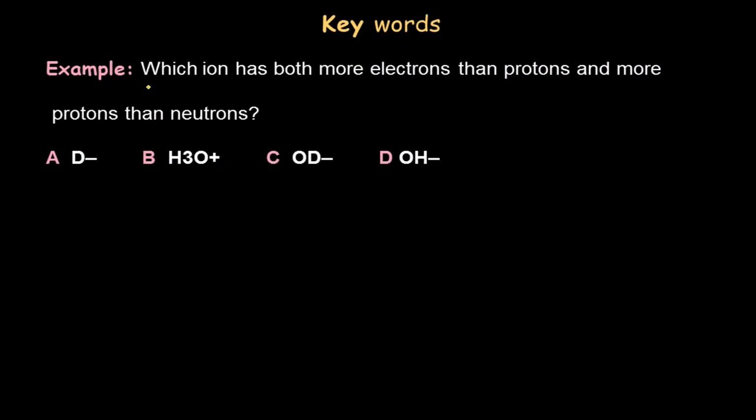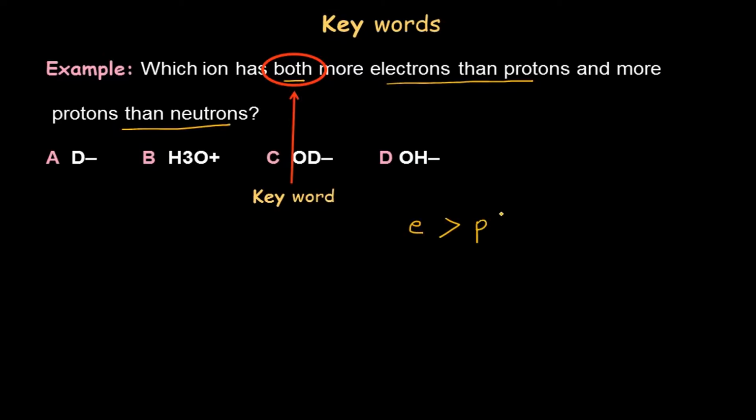Now let's have a look at another example, which says which ion has both more electrons than protons and more protons than neutrons. Here the most important keyword is both, where we need to consider two different things, that is electrons more than protons and protons more than neutrons. So we can work out on the side that electrons should be more than protons and protons should be more than neutrons.